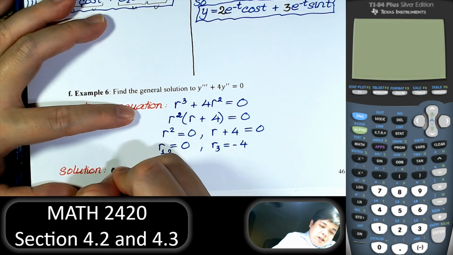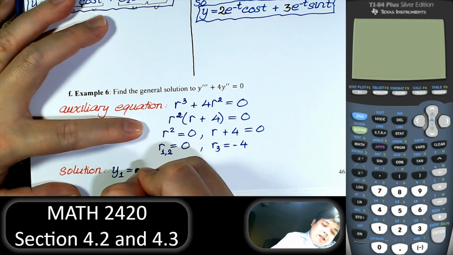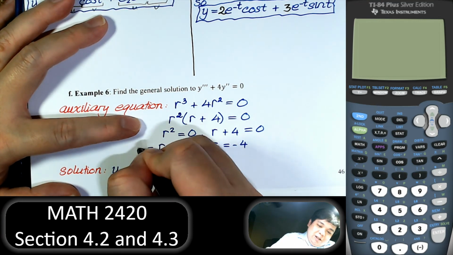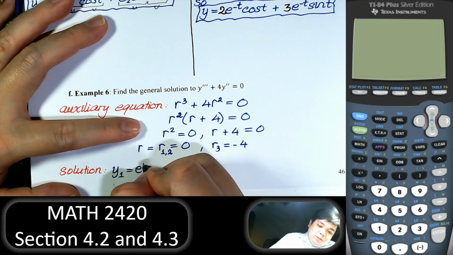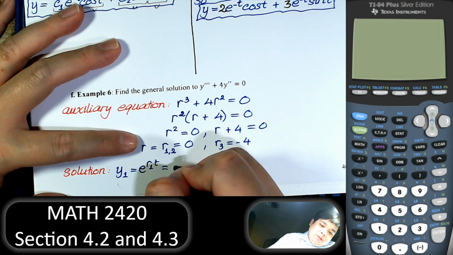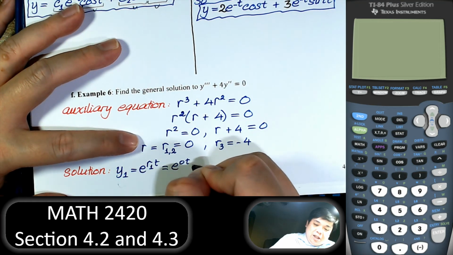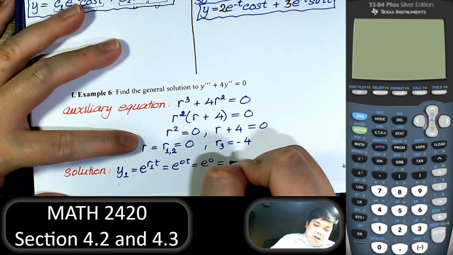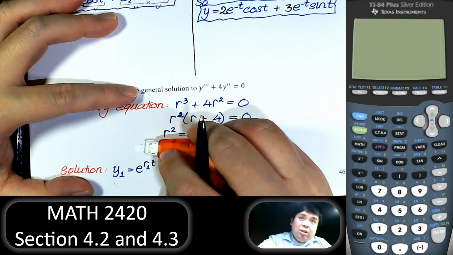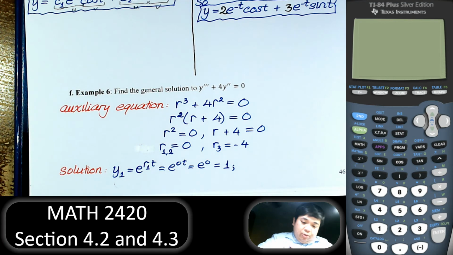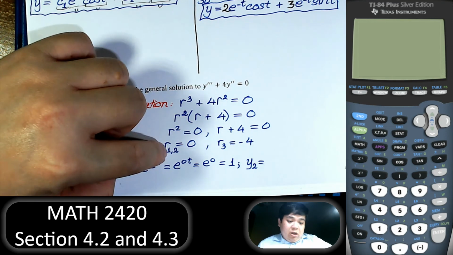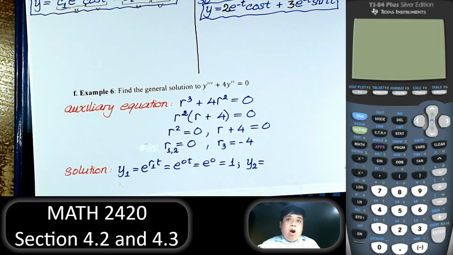So we can write y1 is e to the r1 t, which is e to the 0 power, which is 1. Once again, I don't have to write all of that. For y2, because those are the same solution, we cannot say e to the r2 t.